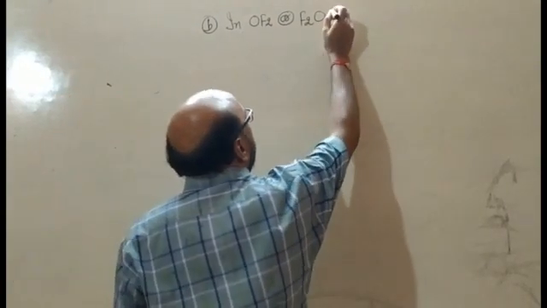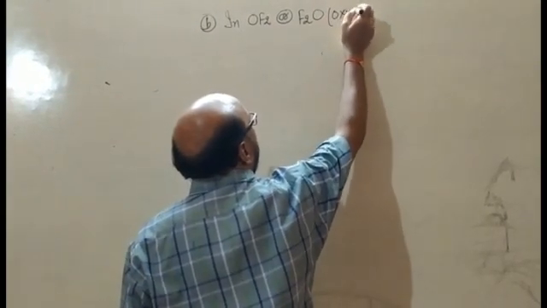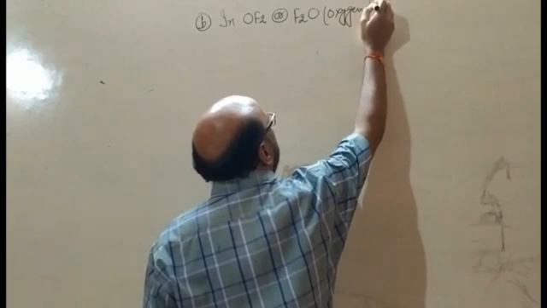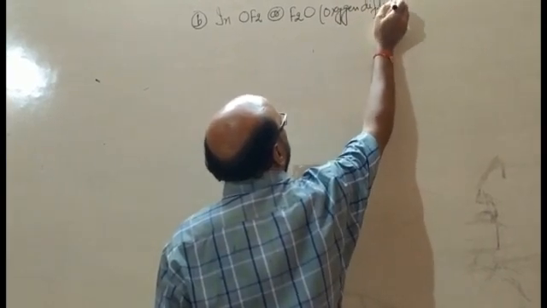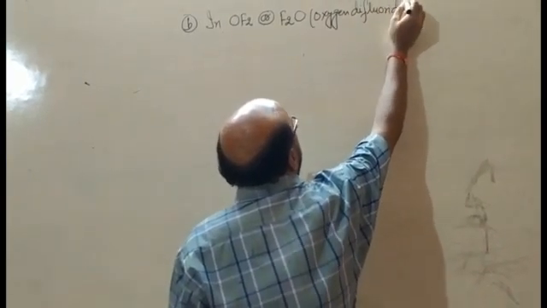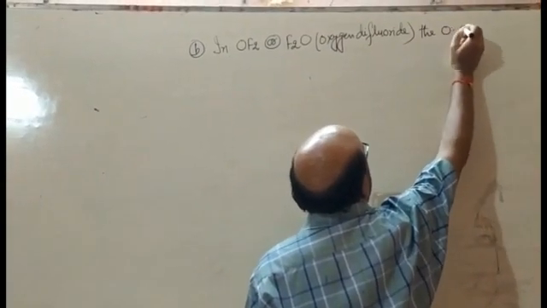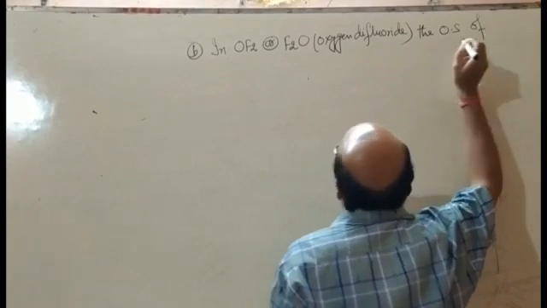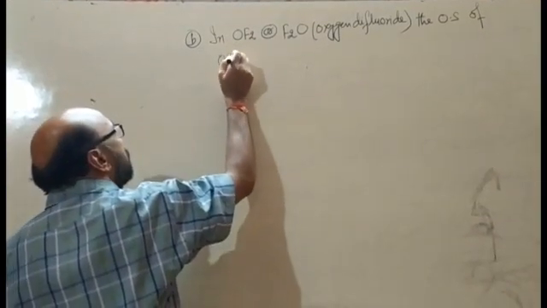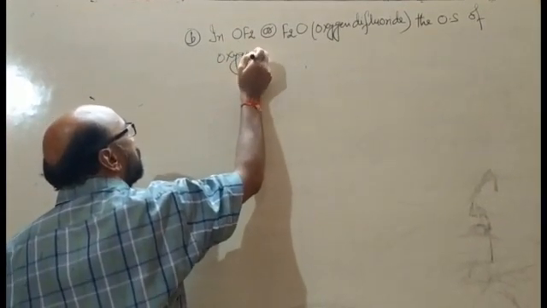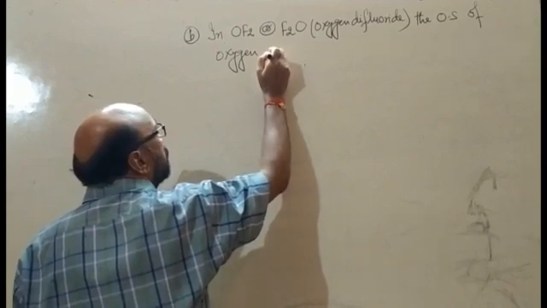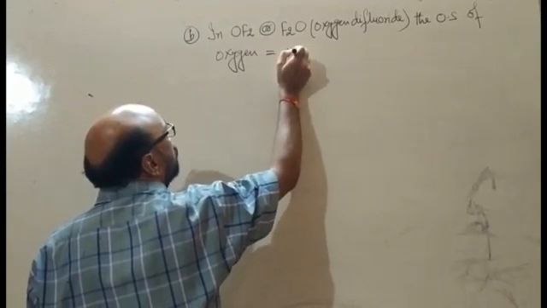It is named oxygen difluoride. In oxygen difluoride, the oxidation state of oxygen is equal to +2.